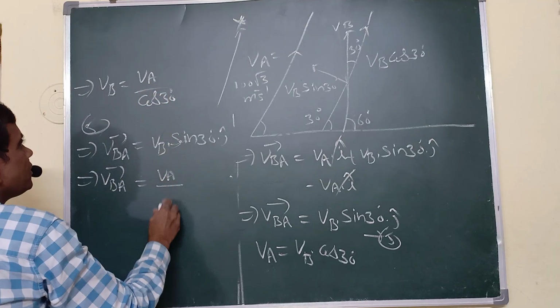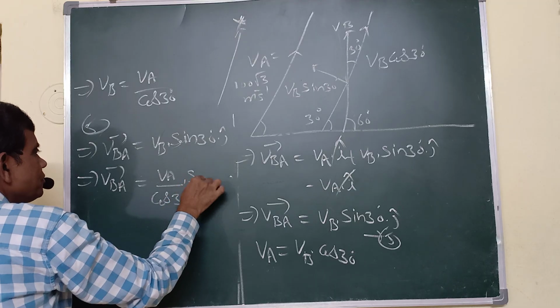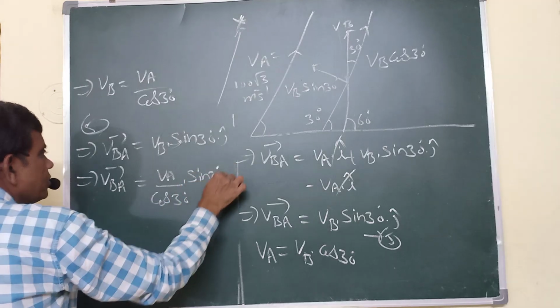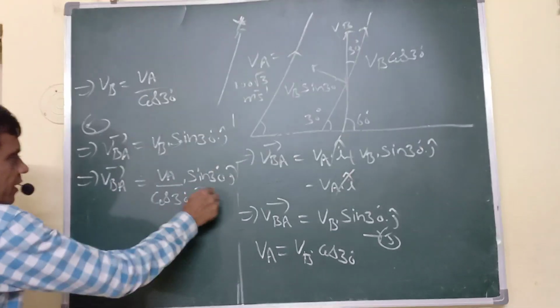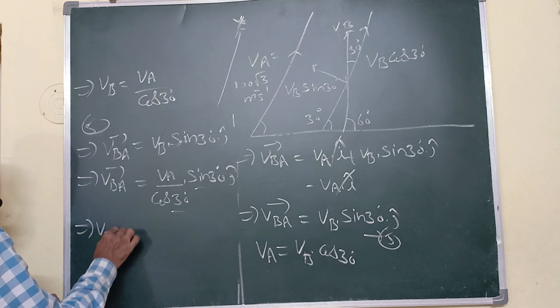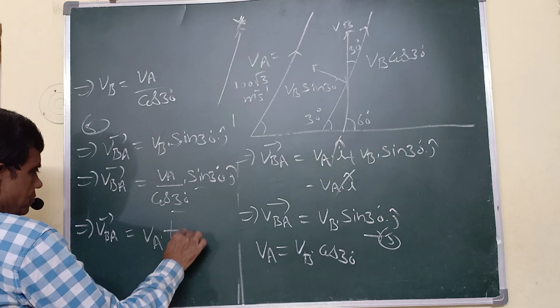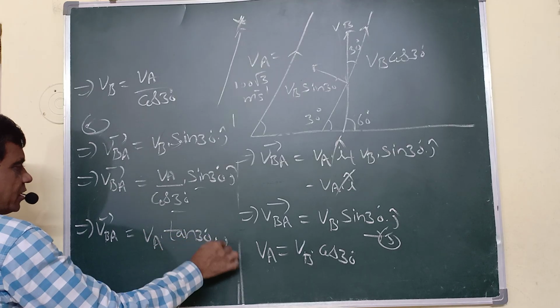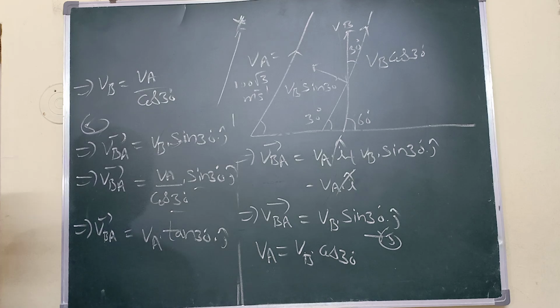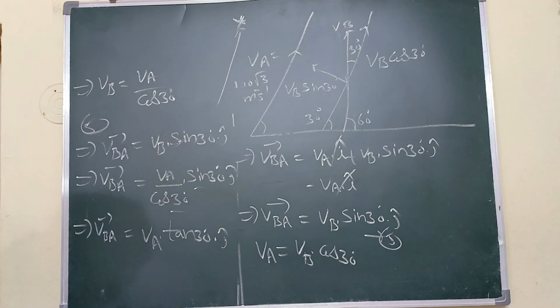VA by cos 30 into sin 30 into J. Sin 30 by cos 30, tan 30. So VBA equals to VA into tan 30 into J. But what is the VA value? 100 root 3. Substitute.